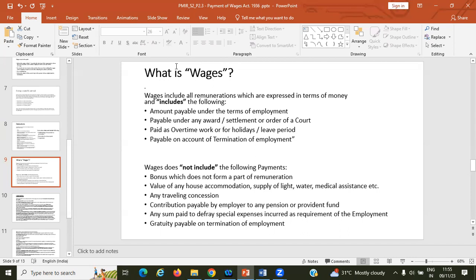That means the person is getting 90 rupees. 10% is deducted as part of pension or provident fund, 10% of 100 rupees, 10 rupees. That means the person's wage is 90 rupees. So when you are calculating the wage, you have to consider this condition, this benefit.